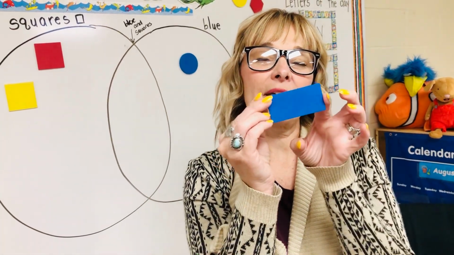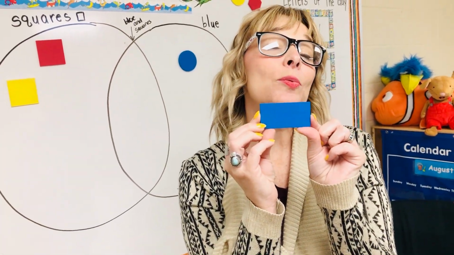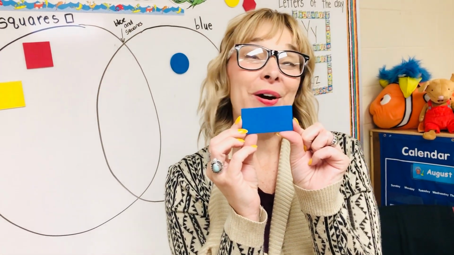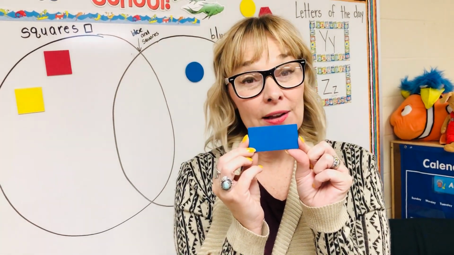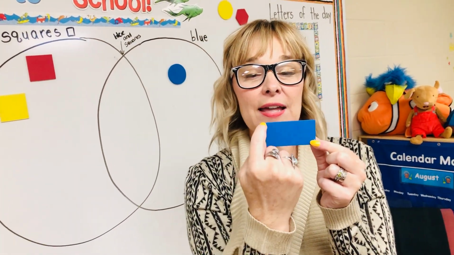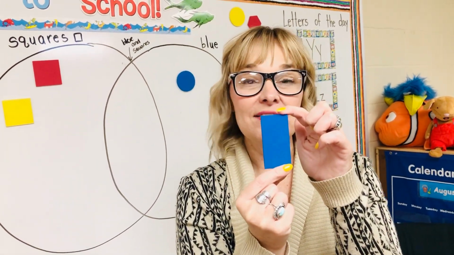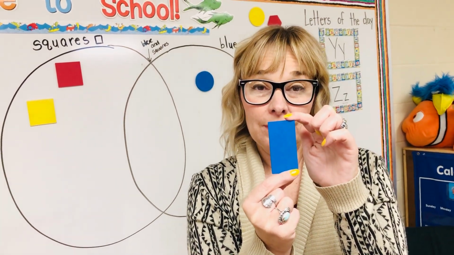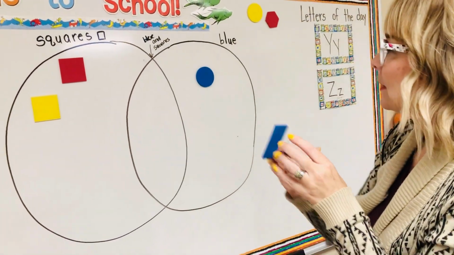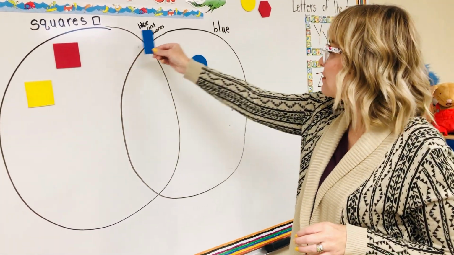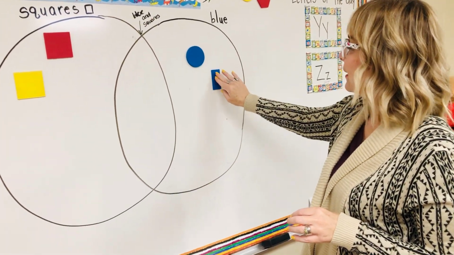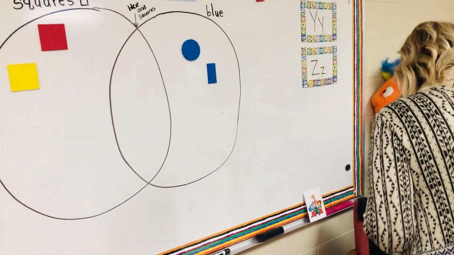I want you guys to think about this one. Is it a square? No, it's actually a rectangle. Remember, a rectangle has two longer sides and two shorter sides. So it is not a square. Is it blue? It is blue. So it cannot go with the squares, but it can go over here with the blues.